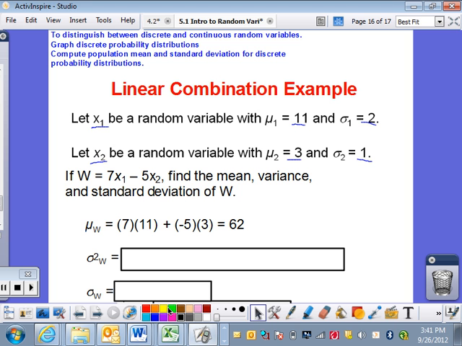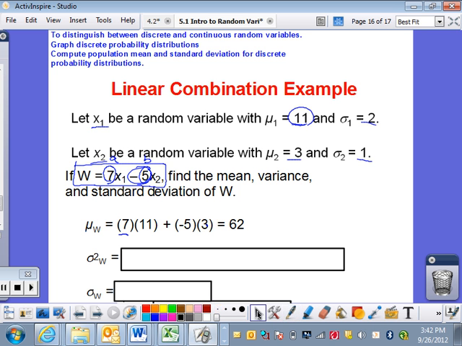Well, what's your A? It comes from your original line. So here's your line. This is your A value, here's your B value. A value is 7 times mu1, that's 11. The negative 5 comes from your B value here times the mu2, which is 3. And you just do the math.